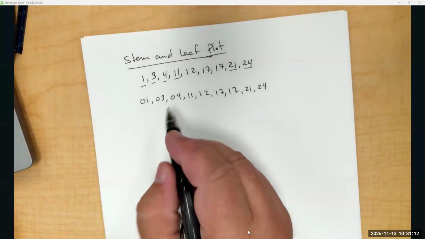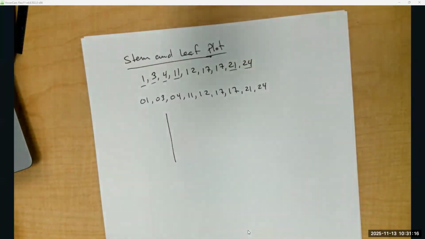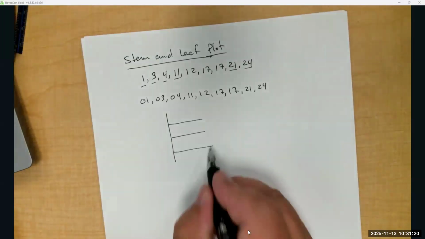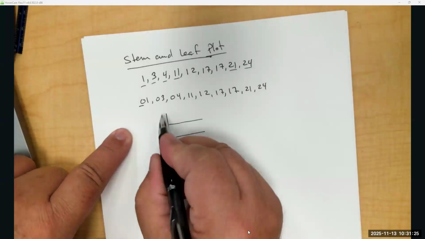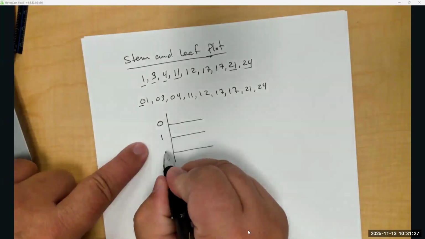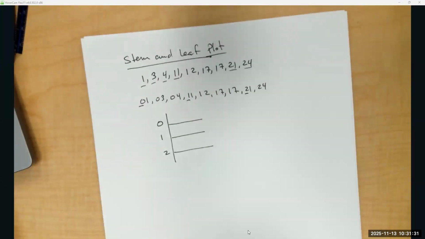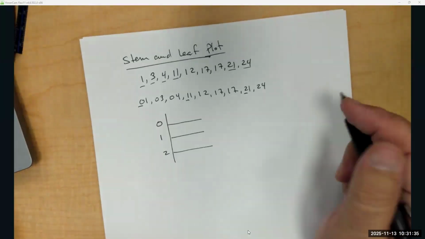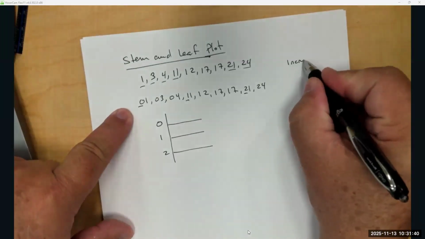The way the stem and leaf is, think about that. We have a branch, and from that branch go out the leaves. So on this branch, these are the first digits. We have a 0, we have a 1, and we have a 2. This is why you also put them in increasing order.